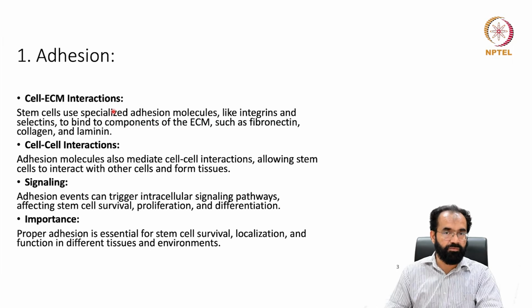Cell-ECM interaction is often referred to as adhesion. Stem cells have specialized adhesion molecules like integrins and selectins, which are present on the cells and bind to the components of the ECM. That's why the ECM is different in different tissue types. Although at the molecular level they will be more or less the same, there will be some unique proteins present in individual cell types.